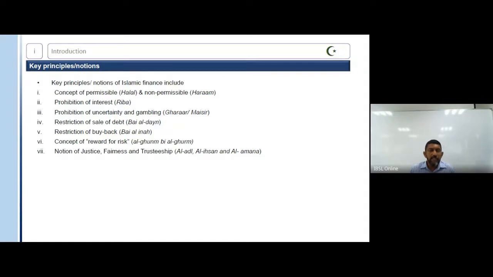When we enter into contracts, it has to have a clear definition of buying and selling: the purchase, the price, the goods, things like that need to be very clearly mentioned. You can't have vague terms in contracts.